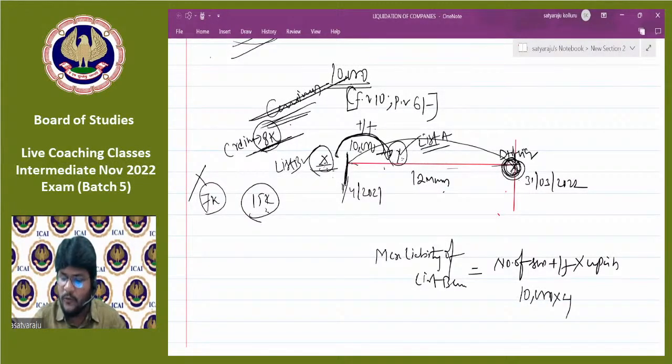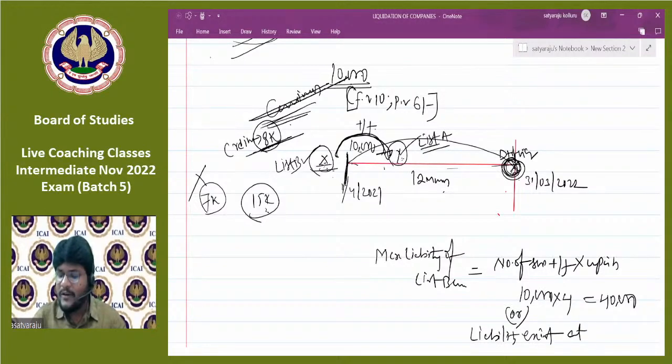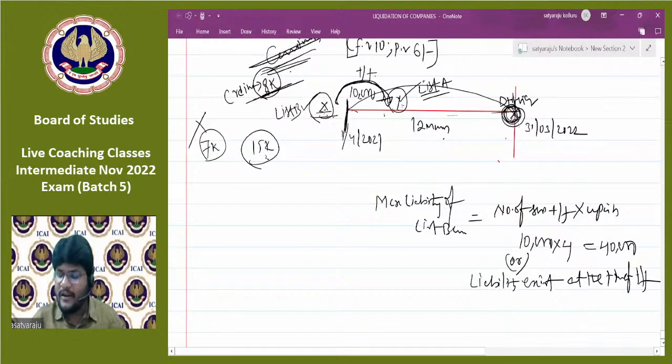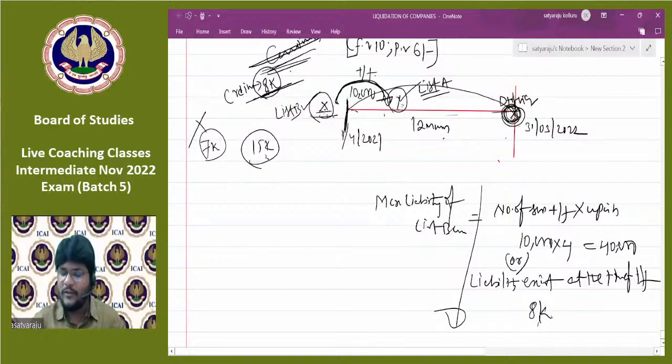Unpaid value, how much? 4 rupees. That equals 40,000. Or the liability existing at the time of transfer. How much liability existed at the time of transfer? Only 8,000 liability existed. Whichever is lower, 40,000 or 8,000, that is 8,000 only.